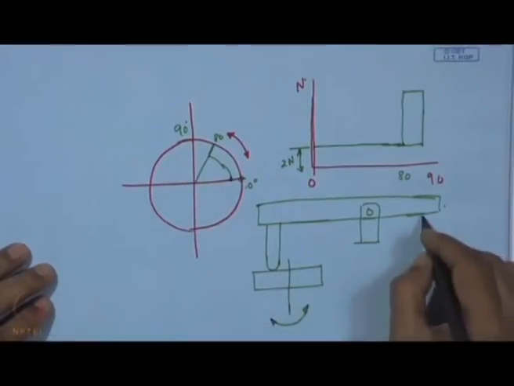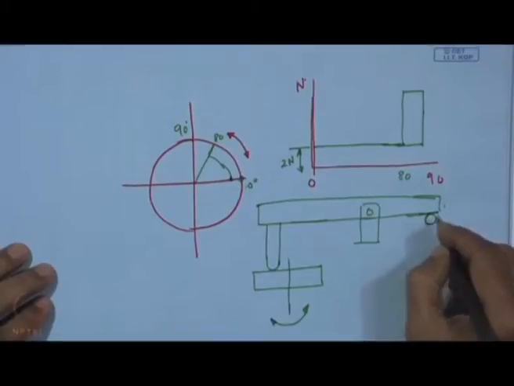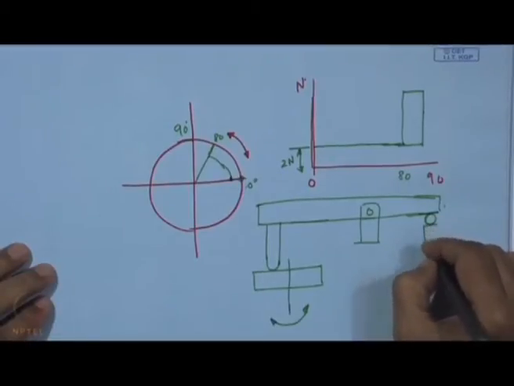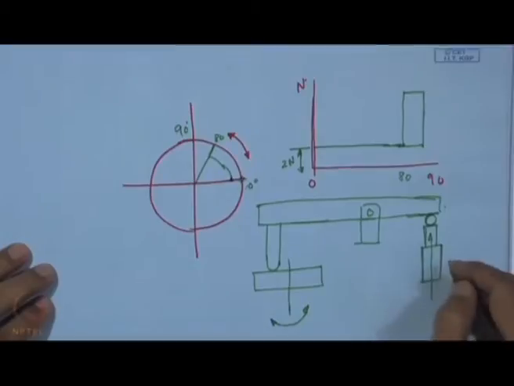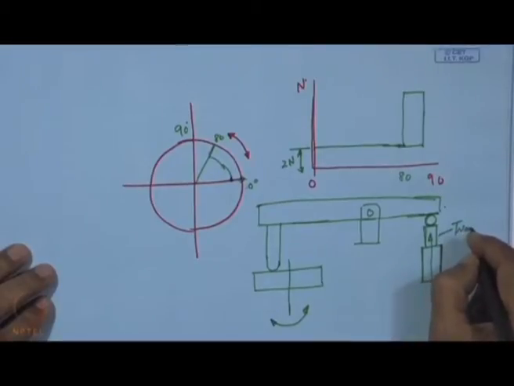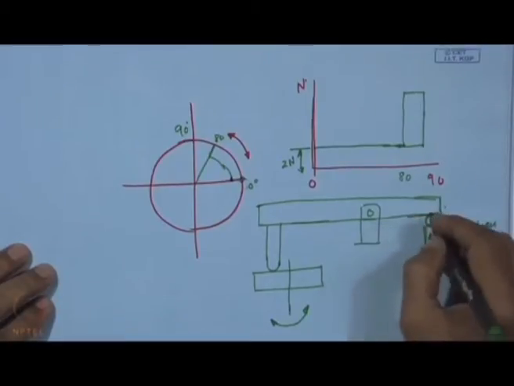So, here what happens? Here we have a point support with a ball, and just below that we have one electromagnetic device, and which will be energized in this direction, and which will force this transducer to apply extra 18 Newton.